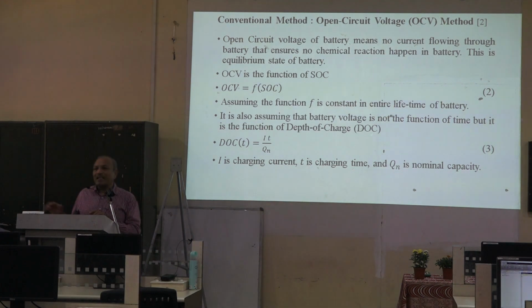So open circuit means what? Open circuit voltage. This is the traditional way to find out the voltage. The first equation is that open circuit voltage is a function of state of charge.